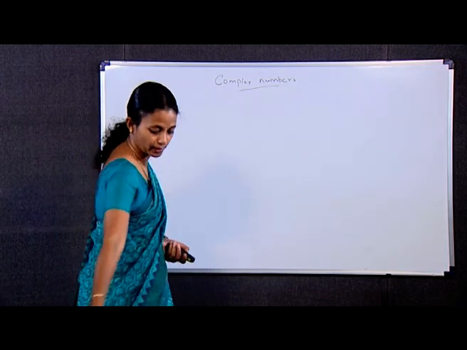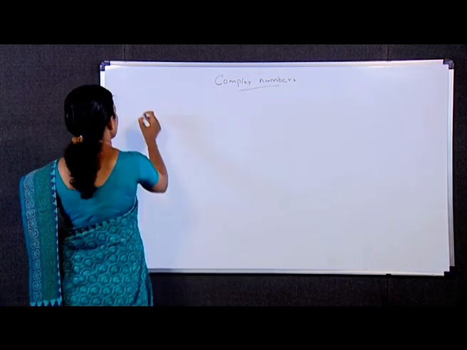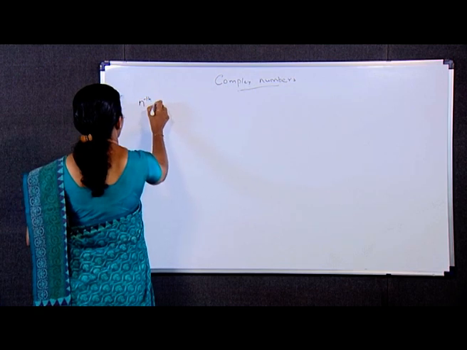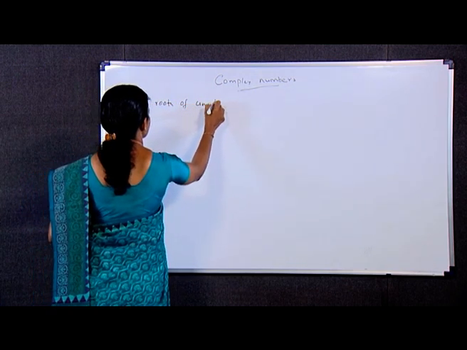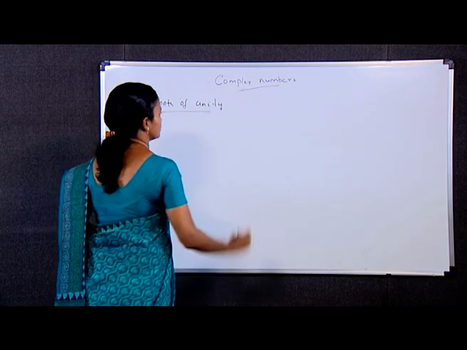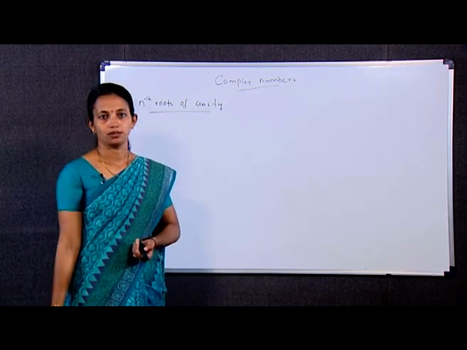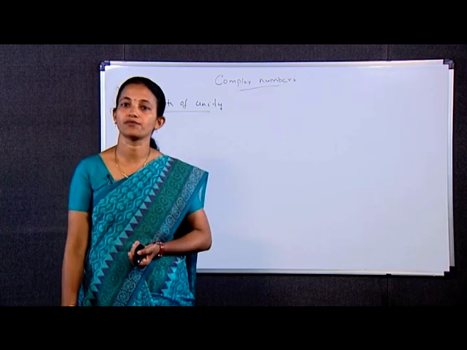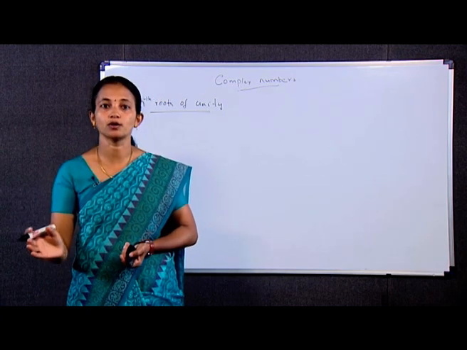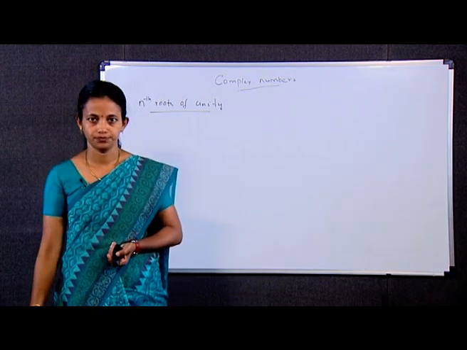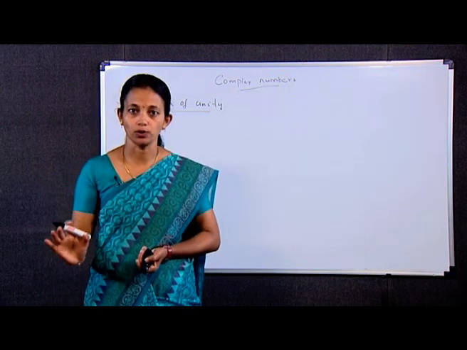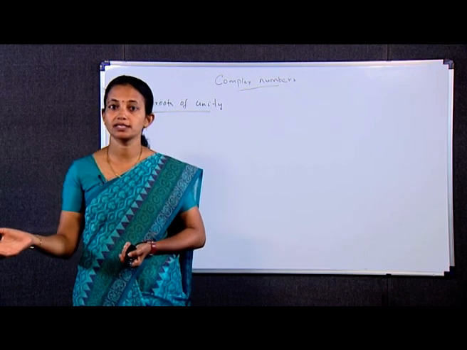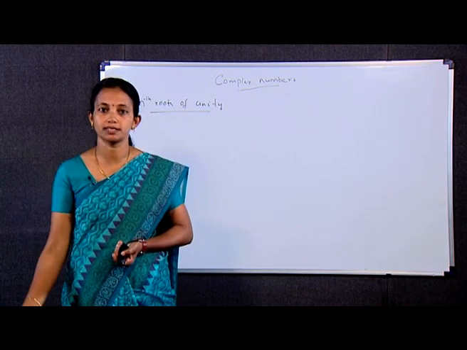We have discussed nth roots. Now we have nth roots of unity. To find the nth roots of unity, we take A equal to 1 in the above discussion. Then from the polar representation, A equal to 1 can be written as 1 into cos 0 plus i sin 0.